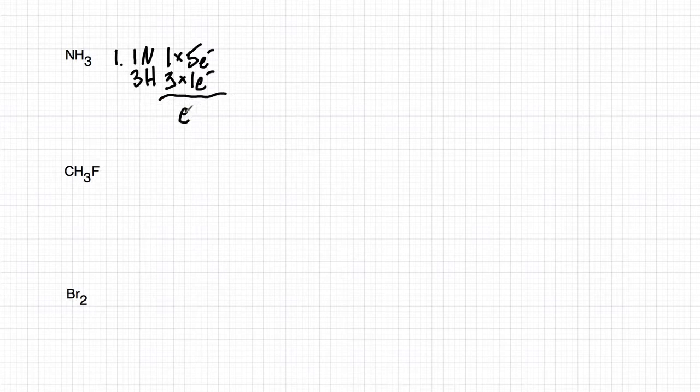And we should have 8 electrons total when we're done drawing this molecule. So for our second step, we're going to draw a trial structure, and this is with single bonds connecting all the atoms.